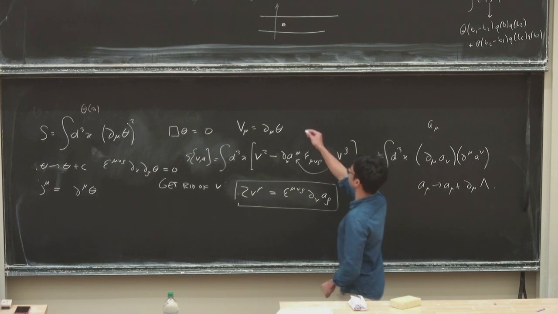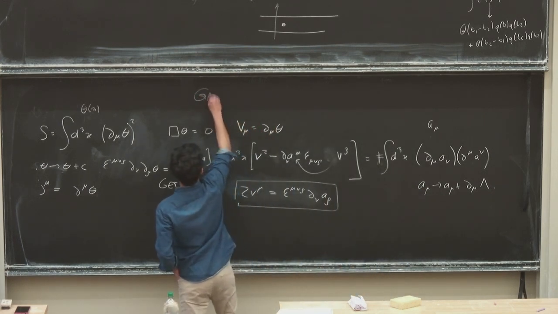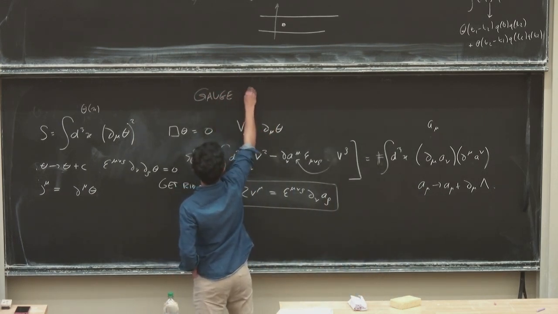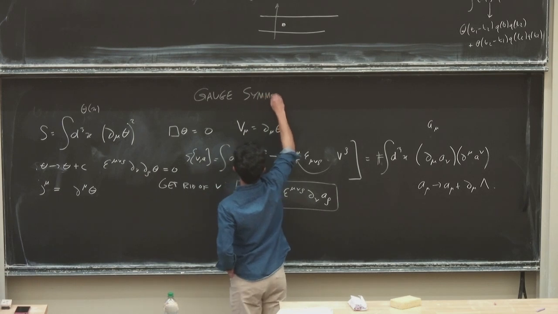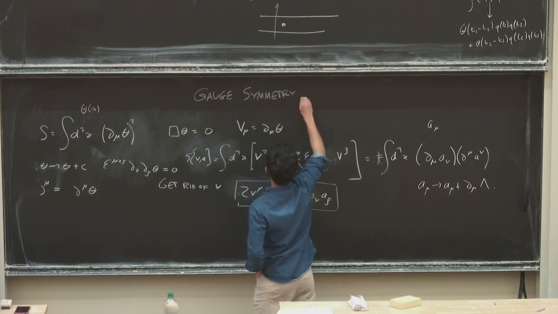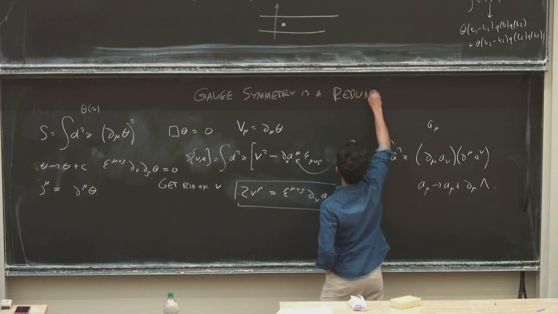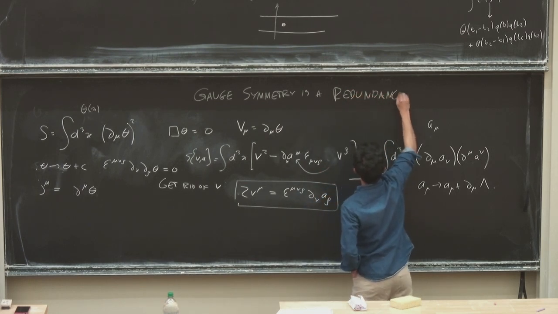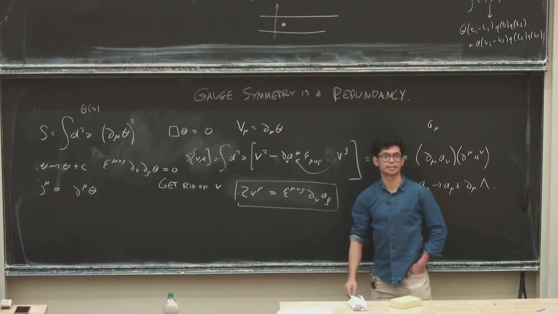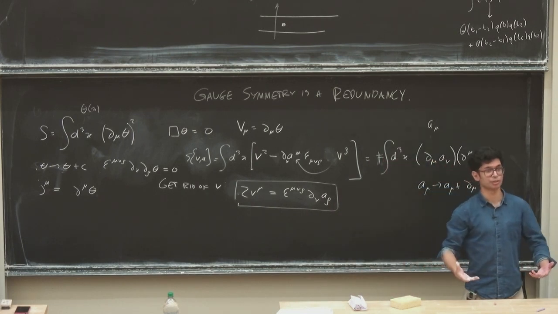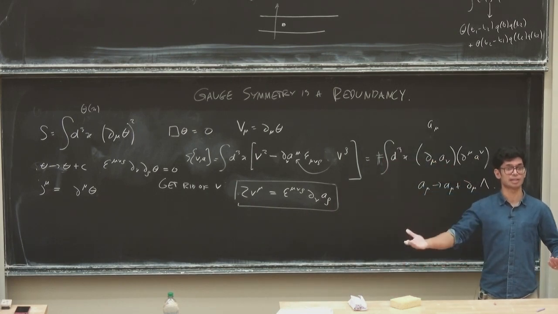So the real lesson from this kind of thing is always, I think, the following. Gauge symmetry is terribly named. Gauge symmetry is not a symmetry. Gauge symmetry is a redundancy. If it was a symmetry, then you could see it on either side of the duality.